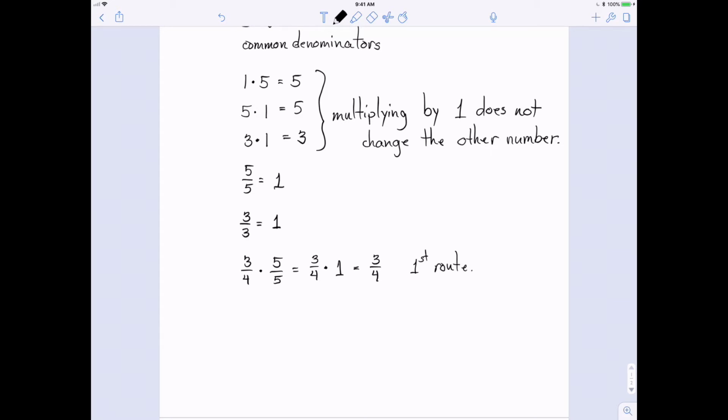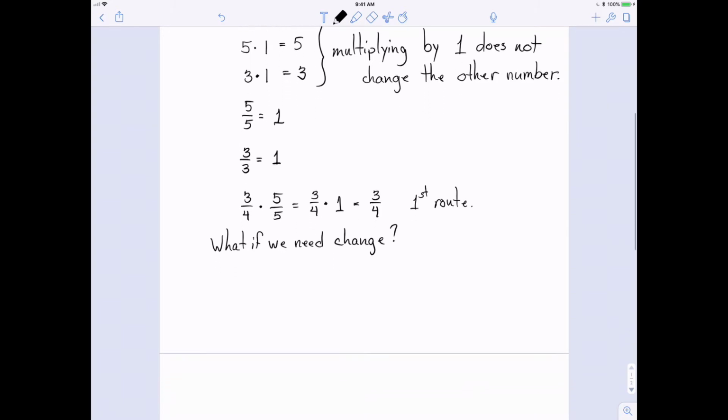But what if we need a change? Let's take a look at what happens then. What if I take 3/4 again, and I multiply it by 5/5, but I don't turn 5/5 into 1? That's 3 times 5, which gives me 15, and 4 times 5 is 20.